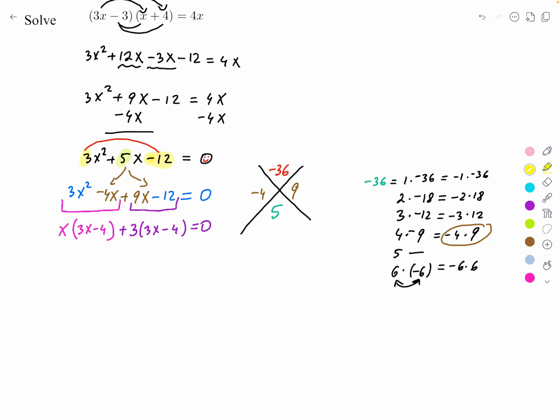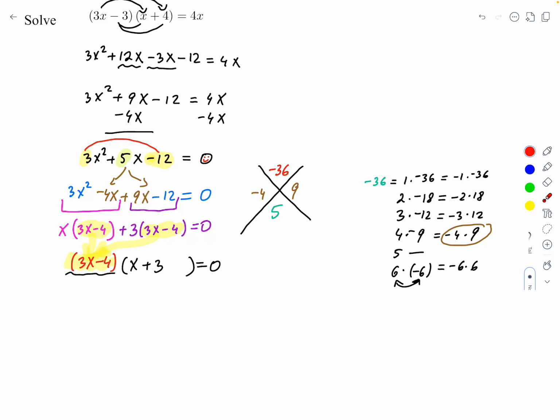Now we have a common factor of 3x minus 4. That will be my common factor in front of the parentheses. So we will put this one copy of this common factor of 3x minus 4 times x plus 3, and this is equal to 0.